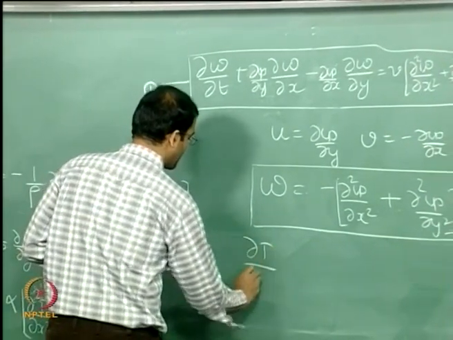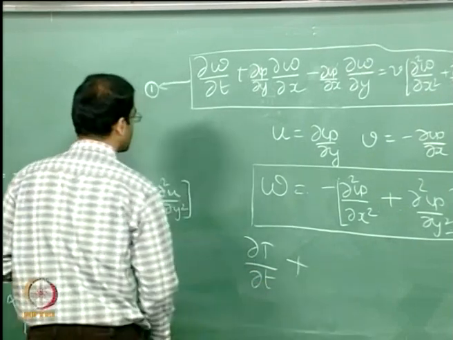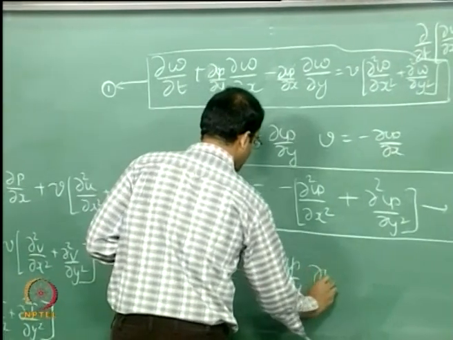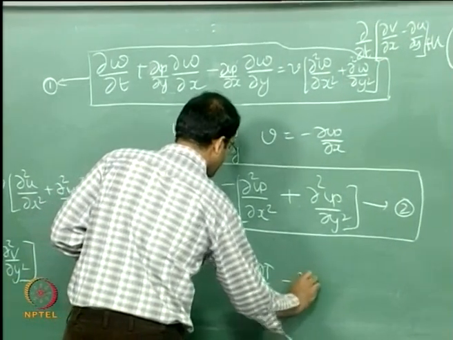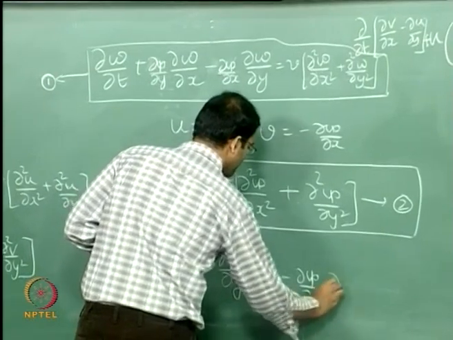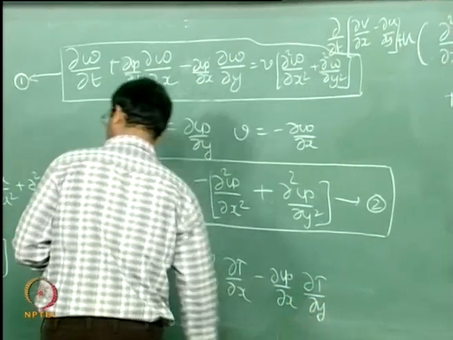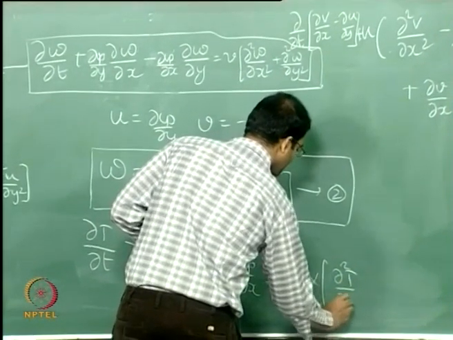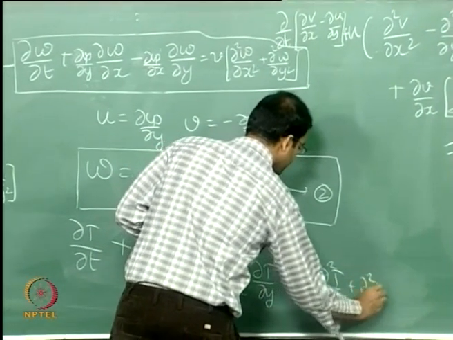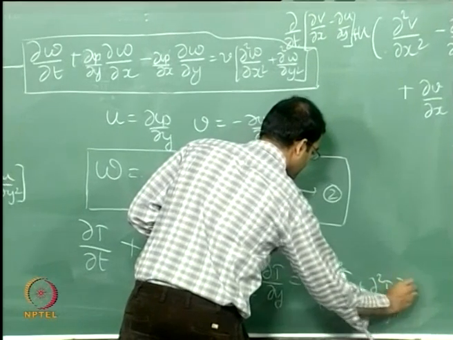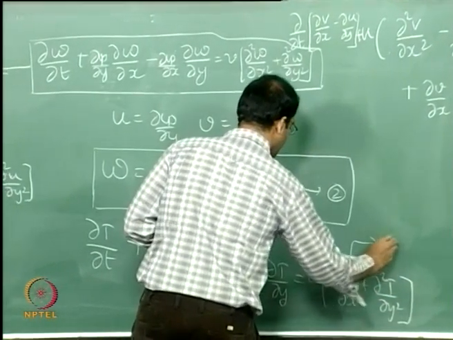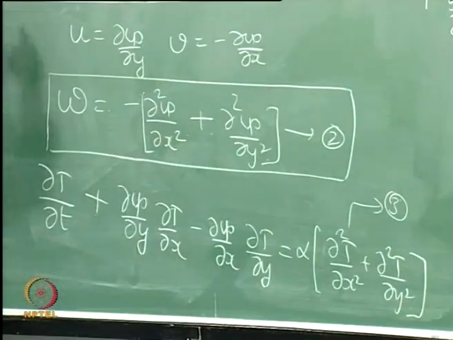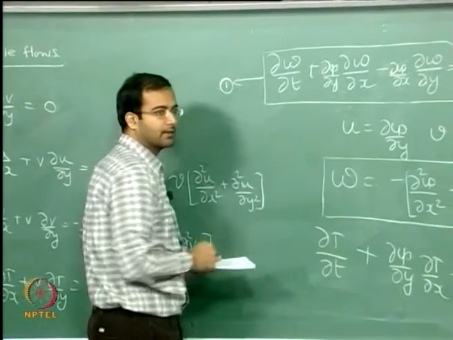The energy equation becomes, you can substitute for u again in terms of stream function, so this is your energy conservation. So you solve three equations for three unknowns: omega, psi and temperature.